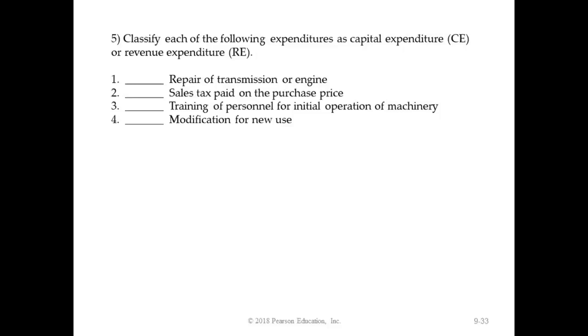Now, training of personnel for the initial operation of machinery, I'd say capital on that one. And then number four, modification for new use, this one's capital. So what I'm assuming here is one is a revenue expenditure, and 2, 3, and 4 are all capital expenditures. So let's move on.